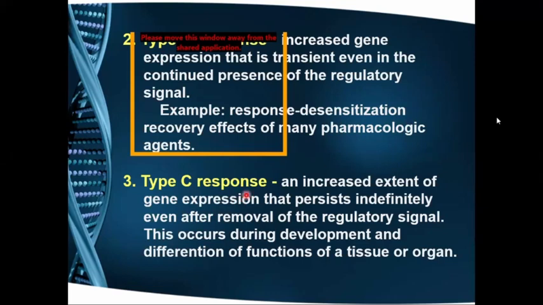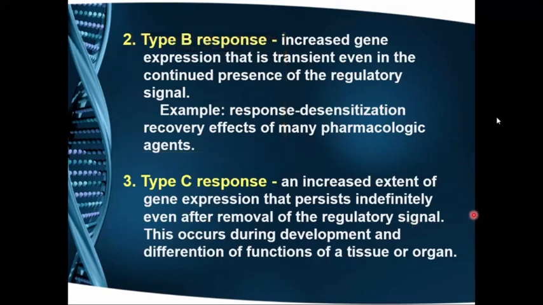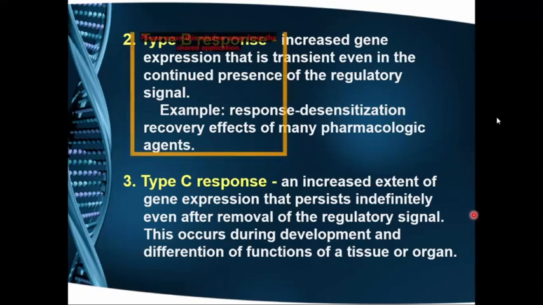Now, type C response: an increased extent of gene expression that persists indefinitely even after the removal of the regulatory signal. That means to say that after the removal of the regulatory factor, the effect persisted. Okay? The physiologic effect persisted.